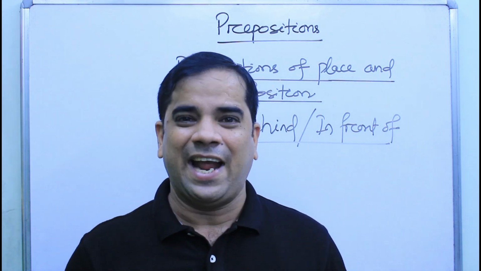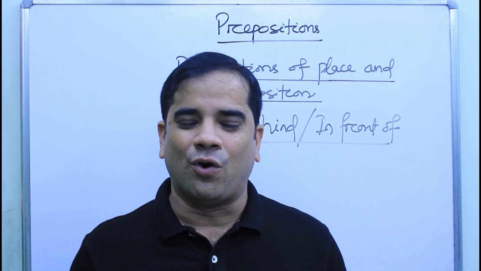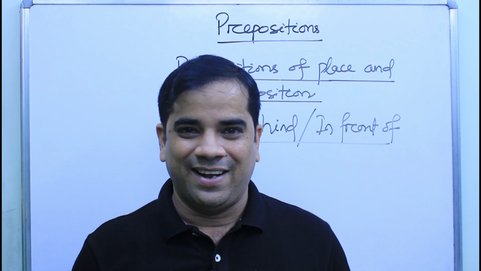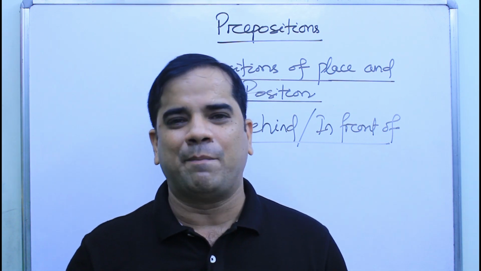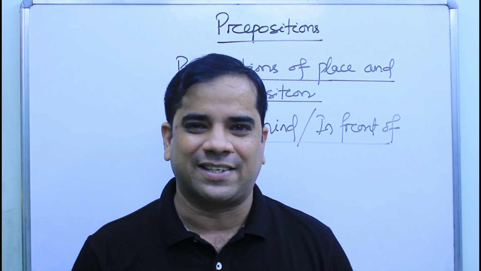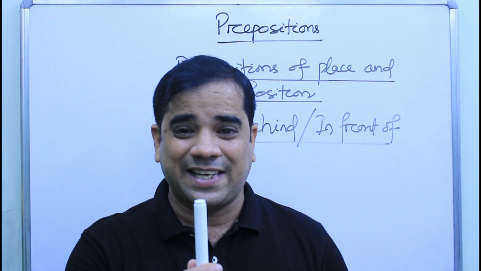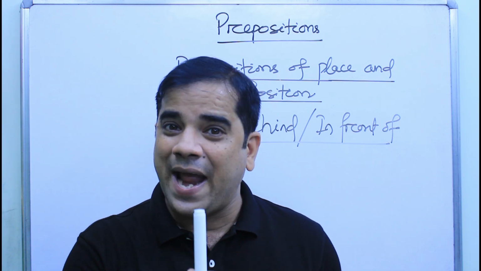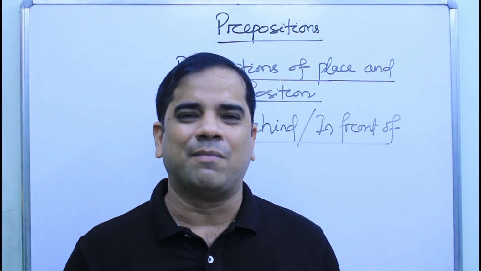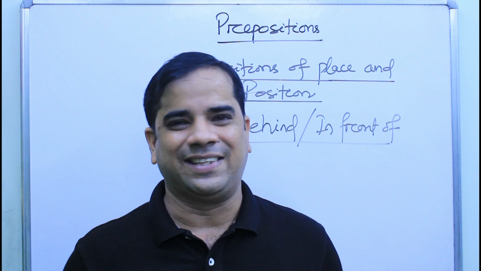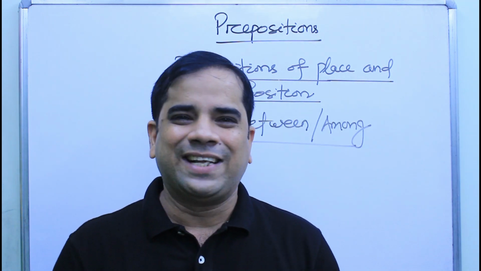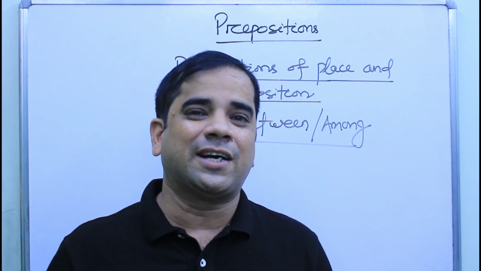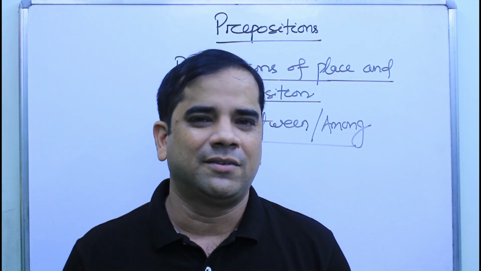I am standing in front of the whiteboard, whereas the whiteboard is placed behind me. So you can have many more examples like this. The pen is in front of me and I am standing behind the pen. Students, we can have many examples to discuss between and among.